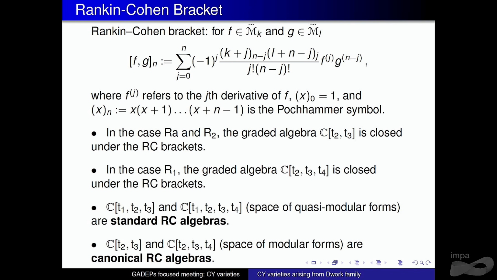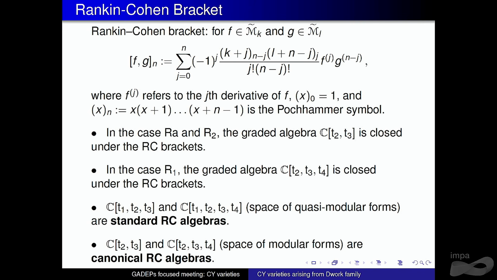Let's say the space of modular forms is closed under these brackets. Who proved this fact is Cohen: Rankin gave some relations, and Cohen generalized his relations and proved this fact with respect to the modular forms.